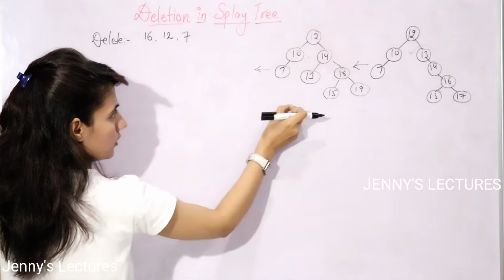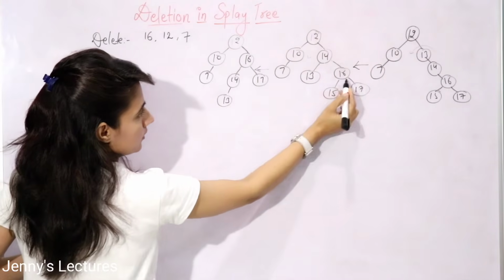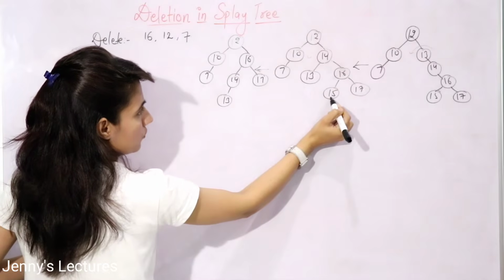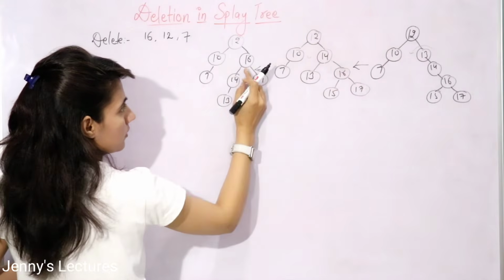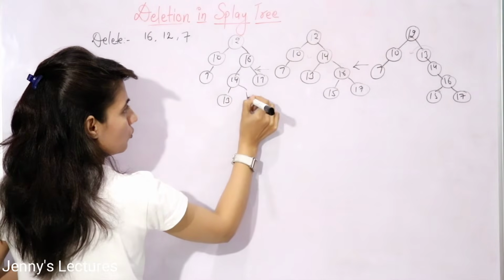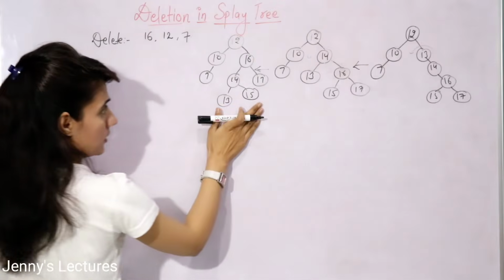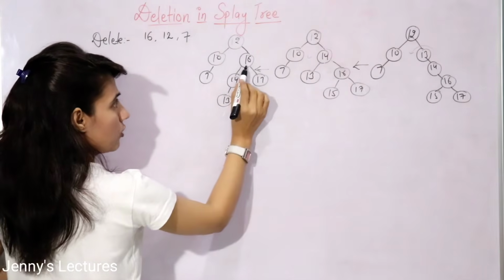So we will pull 14 downward, so 16 would go upward. Now the 16 has a left child, that is 15. After going upward, the left of 16 is 14 and this 15 would go to the right of this 14, right? This is not yet done because 16 is still not the root node.